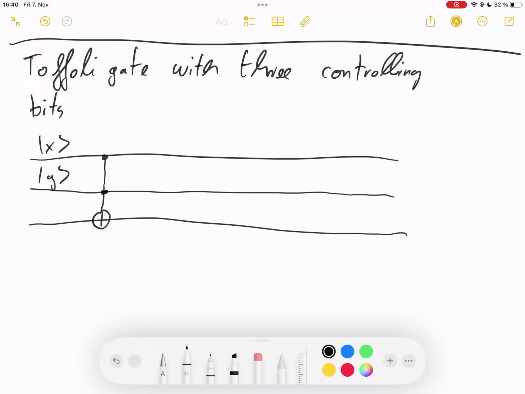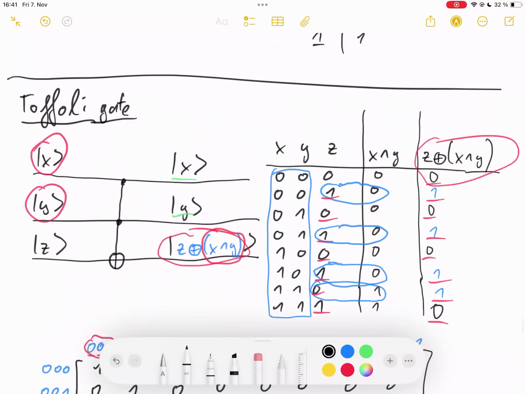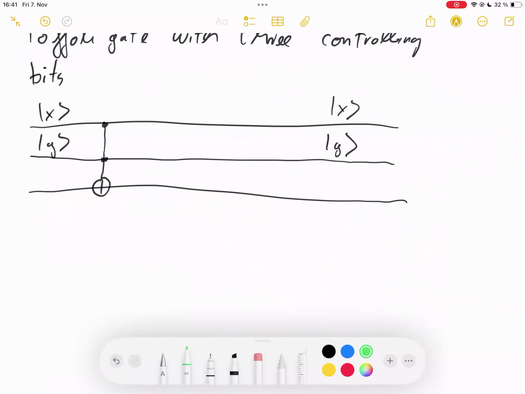And what I get out is my X and Y, because this does not change. But my Z is the one for the XOR, as we have seen here. So this was this part. So it turns out if I want to build my Toffoli gate with 3 controlling bits, I have to put a 0 in here. And let's see what is the consequence of that.